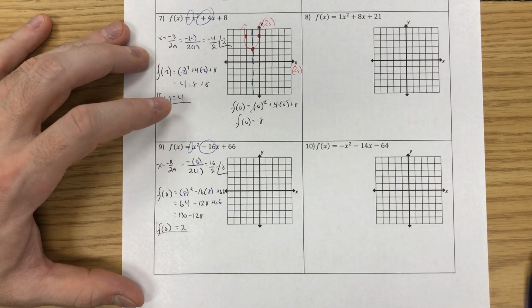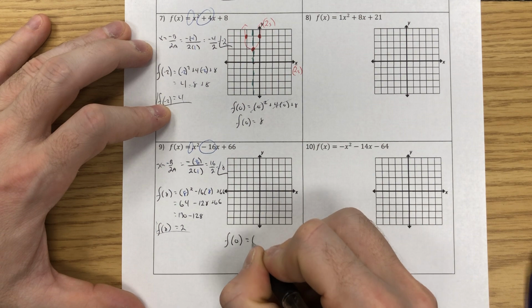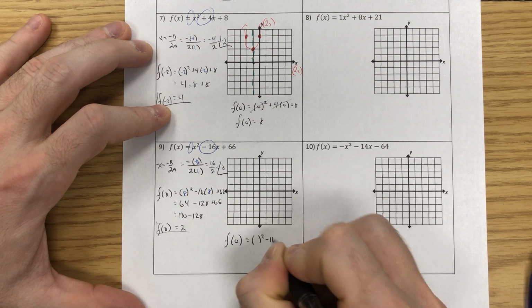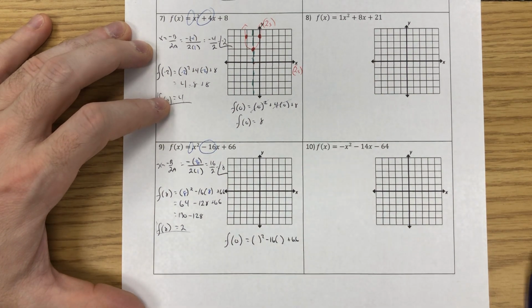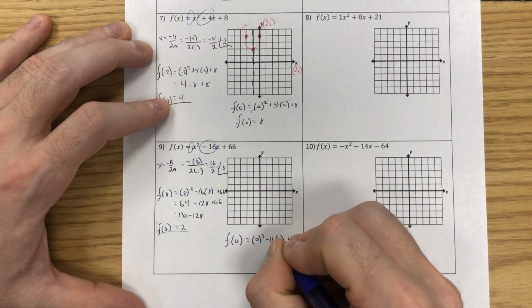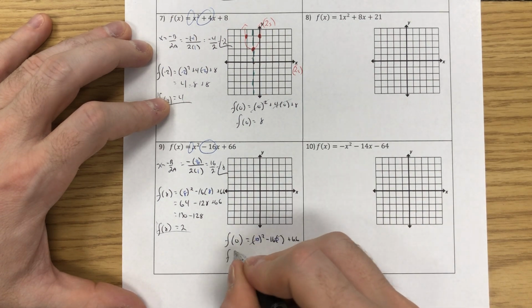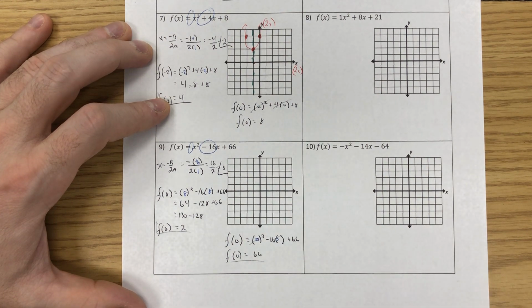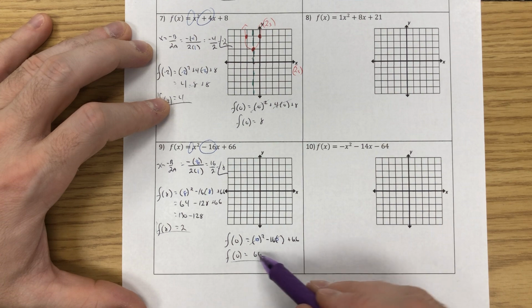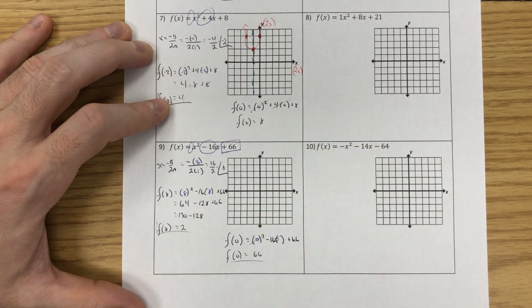Now I just need to find where my y-intercept is. And have any of you figured out the shortcut to finding the y-intercept? Well, when I plug in 0, the y-intercept, if you haven't noticed by now, is always going to be that number right there.